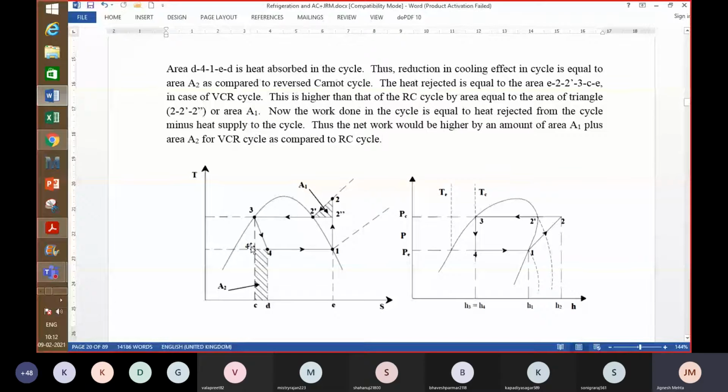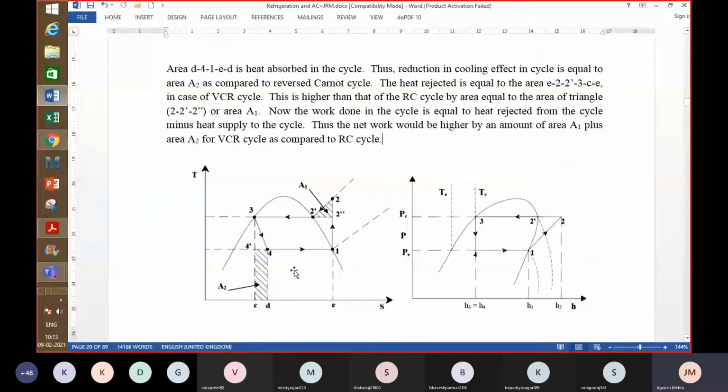And as you know, the area below this process shows the refrigeration effect, the amount of heat that is accepted by the cycle or absorbed in the system. So that has now reduced. The area of this rectangle was earlier 4'-1-E-C, but now the area is 4-1-E-D, right? So the refrigeration effect produced in a single cycle has reduced. That is equivalent to area A2.